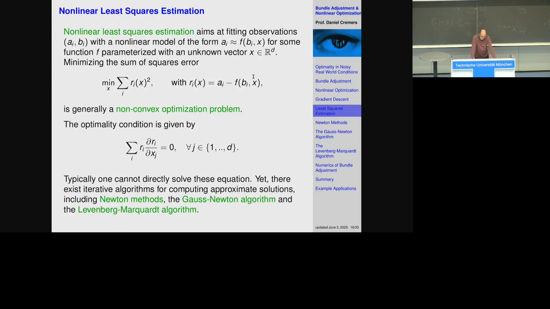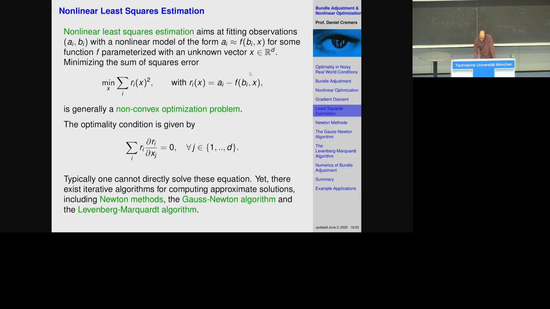In addition, and this is probably the most general form of least squares estimation, we have something that's called nonlinear least squares estimation. That's kind of the generalization of all of it, where you have a least squares problem of the type that you have residuals squared, summed up, and then you have some residual that depends on your unknowns in some form. Typically some fitting problem where you have a function that maps an input bi to an output ai with an unknown parameter vector that models that functional dependency.